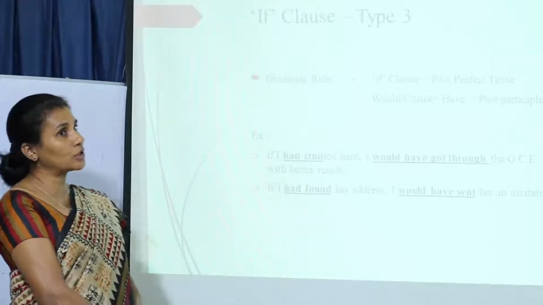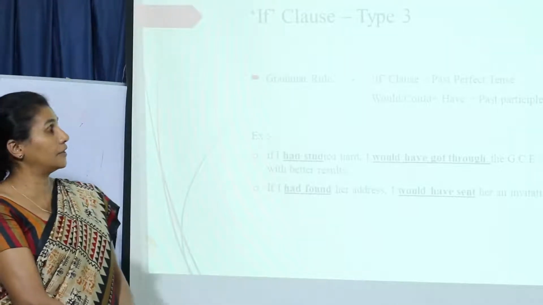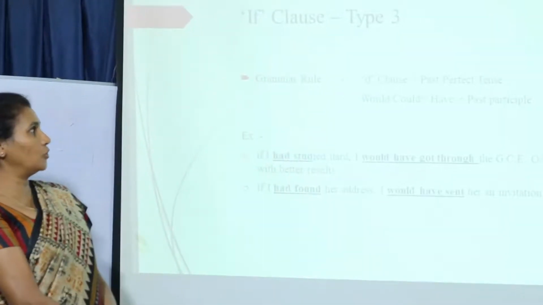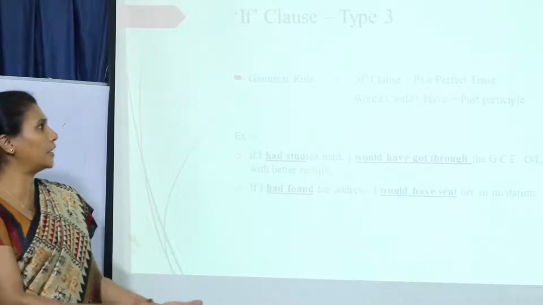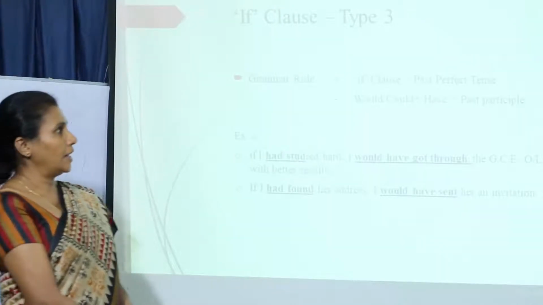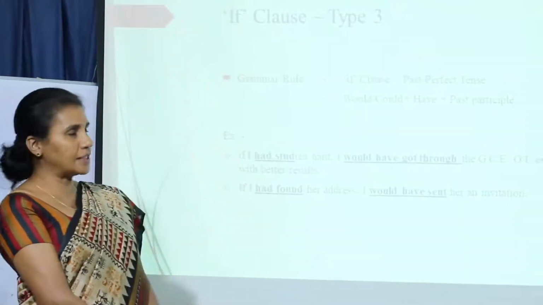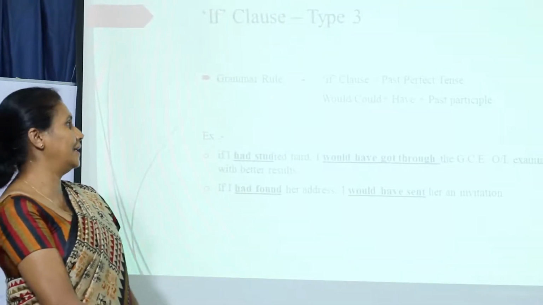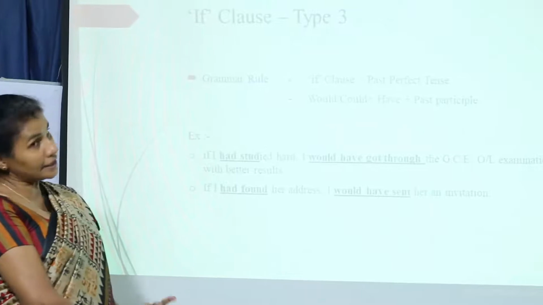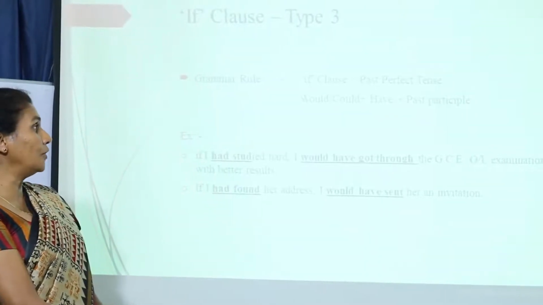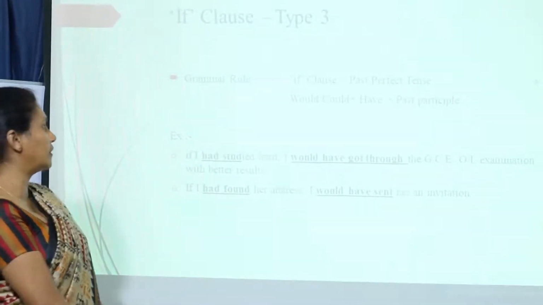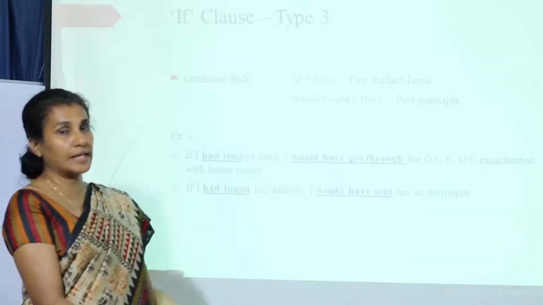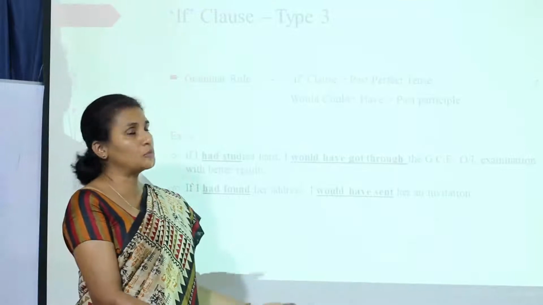Now you are in 2021, the month of April or May. If you are not satisfied with your results, you can easily say, if I had studied hard, I would have got through the G.C.E O-level examination with better results. Now nothing can be done.